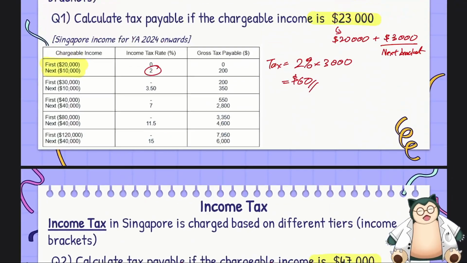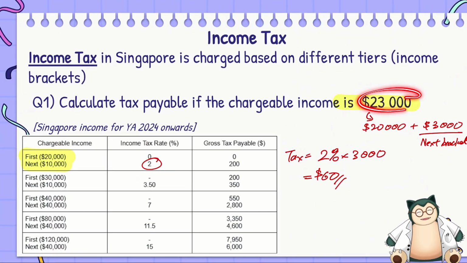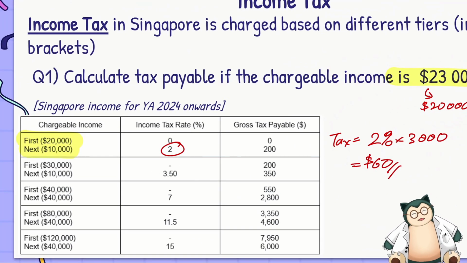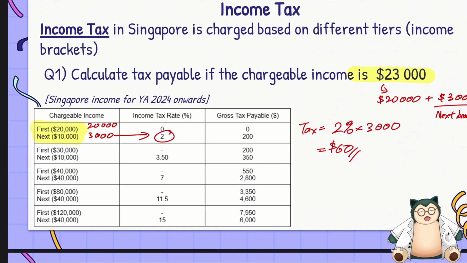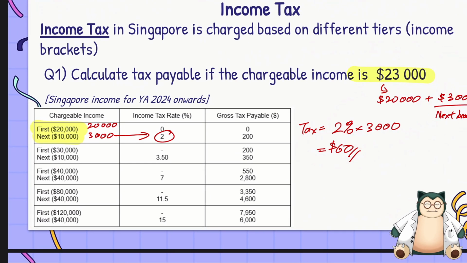Okay, and likewise, if you earn 23,000, all right, your first $20,000 would be free, but the next 3,000 will be charged at a rate of 2%. Okay, and that's how you get $60 respectively.